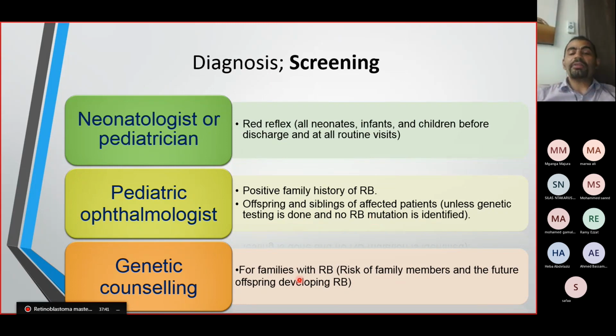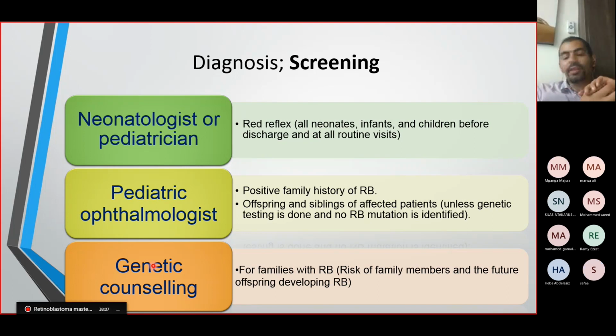Genetic counseling for families with a retinoblastoma, either in the parents or in one of the offspring: they may need to have some tests done to determine whether it's heritable or not, what is the risk of having the gene in the offspring, and can we do what we call a chromosome selection or something like this to decrease the incidence in the other offspring or not. Okay, so it's done on 3 levels.